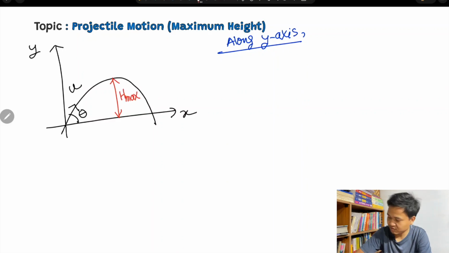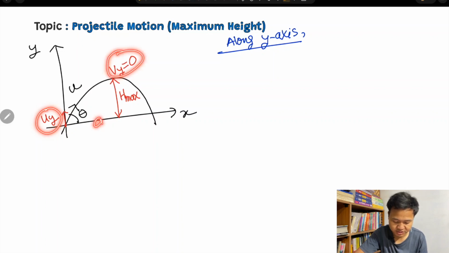Now let's consider the vertical motion. We have uy, and at the maximum height, the topmost point, vy is 0. So here you have uy, vy, and acceleration due to gravity.